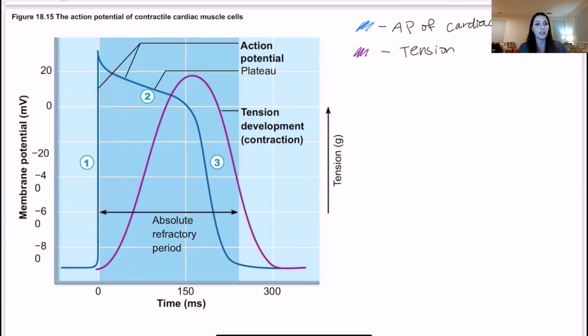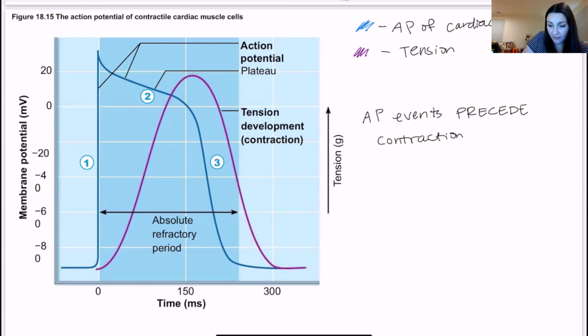So what I want you to get from this is that the electrical events, the action potential events, precede the mechanical events, the contraction or relaxation.